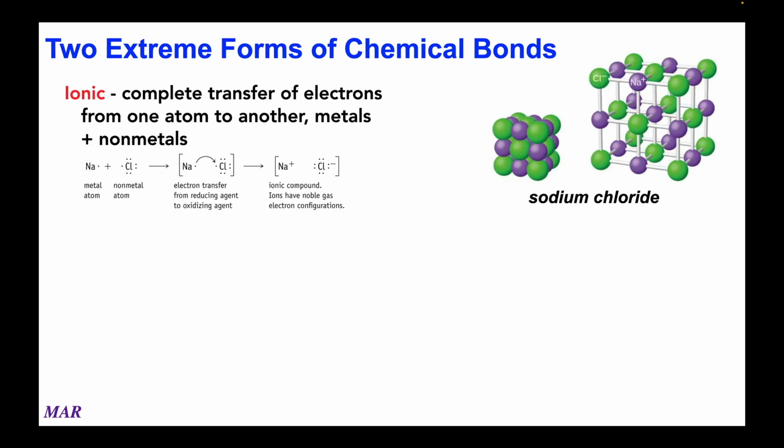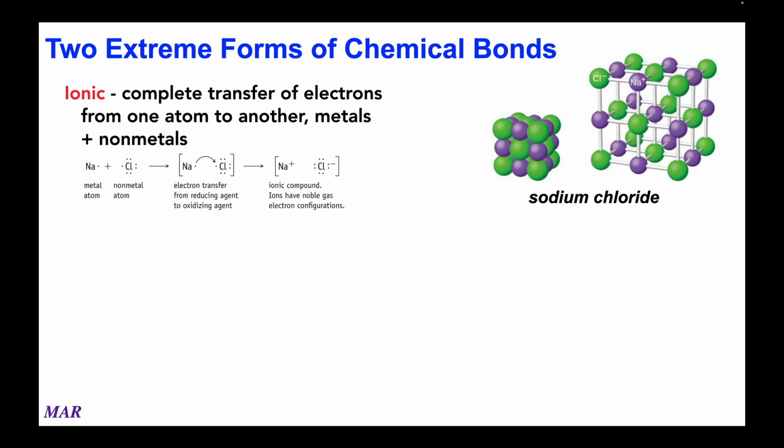So there's two extreme forms of bonding, which is the kind of glue, if you will, that holds molecules together. The first one, which is the strongest, is ionic bonding. In an ionic bond, some atom gives up an electron to another atom. It's a metal giving up an electron to a nonmetal.